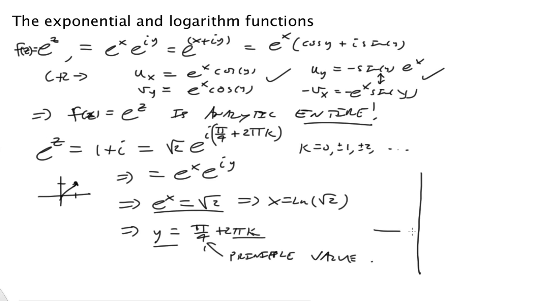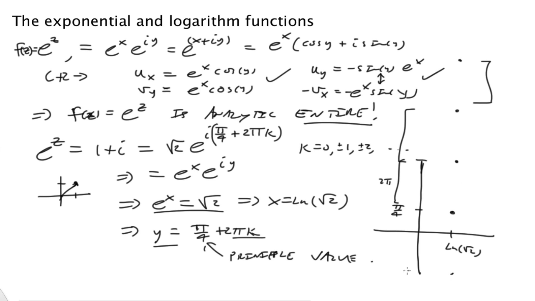Somewhere around there is natural log of root 2, and there is a value at pi over 4 on the y-axis, but then there's a bunch of them that go up. There's one up here every 2 pi interval, and another one, and another one, and there's also the ones below, every 2 pi interval. So there's lots of values of z that generate the given function. And that's the notion that e to the z has a periodicity.